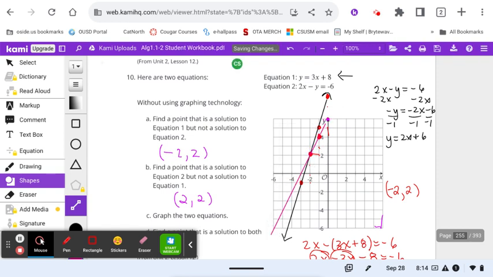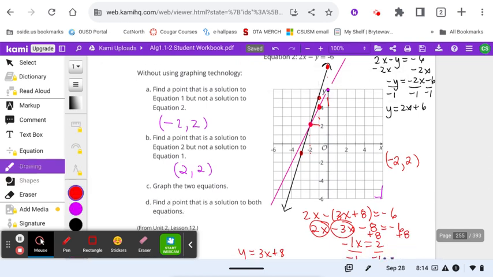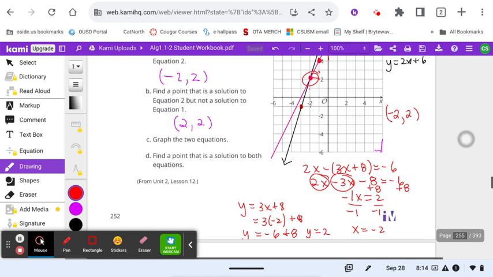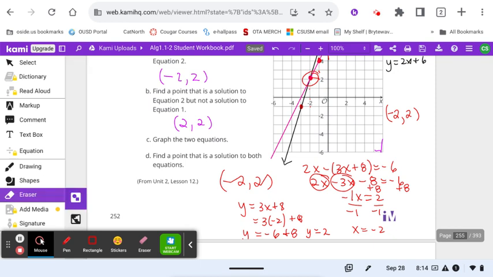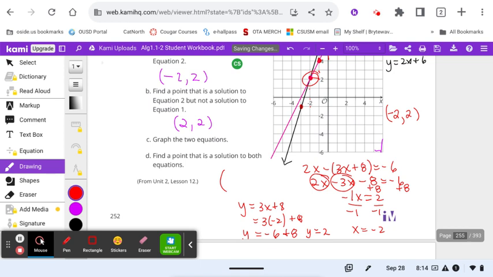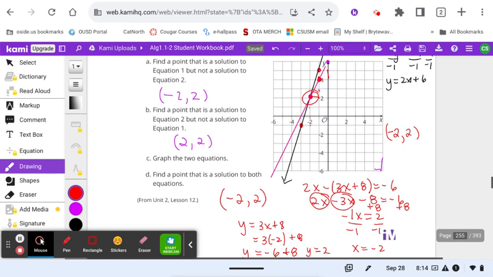And that's exactly why we do the algebra. And their point of intersection is at (-2, 2), like the algebra told us. Okay, we're at the end of the practice problems.